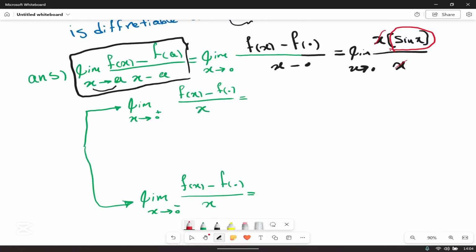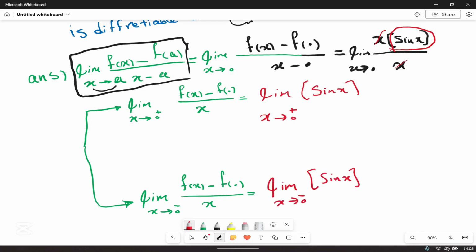If you don't have any idea, I prefer you watch the limit videos. After that, our calculation leads us to this part: the limit of sine x as x goes to positive 0, and the limit of sine x as x goes to negative 0.